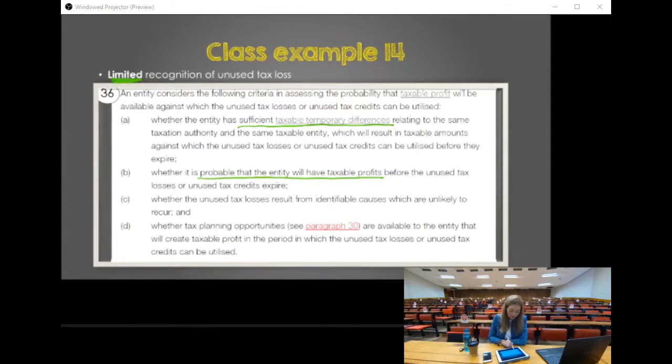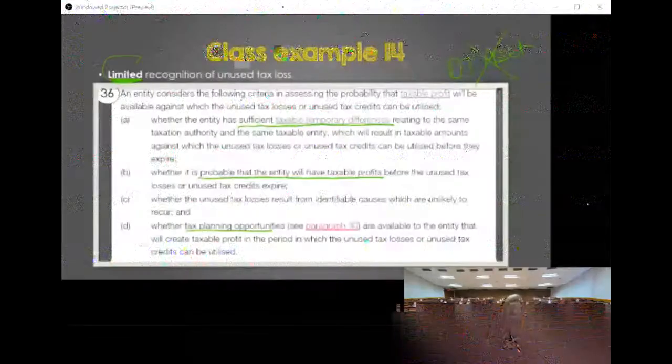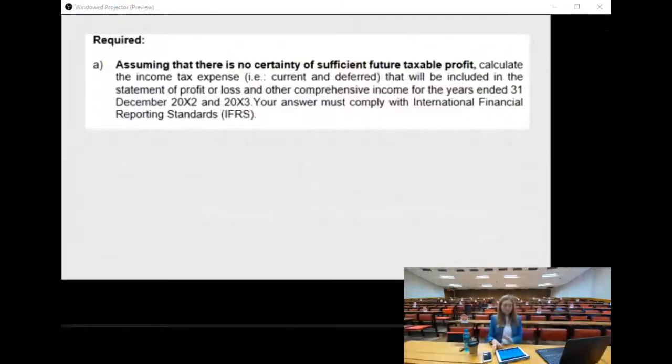And we also do not have tax planning opportunities. So paragraph 36 in this case doesn't apply, or we see now that here we have a problem that we cannot recognize a deferred tax asset. Good. So that's what happens in class example 14. We have this limited recognition.